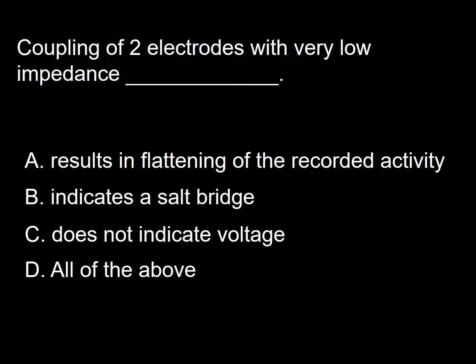Next question. Coupling of two electrodes with very low impedance: A. Results in flattening of the recorded activity. B. Indicates a salt bridge. C. Does not indicate voltage. D. All of the above.